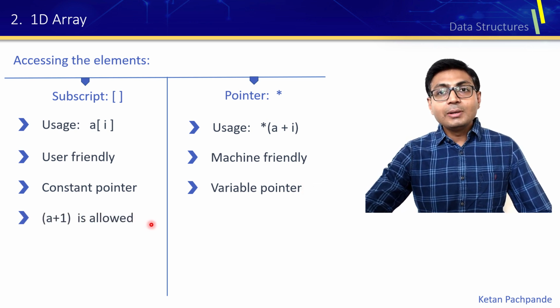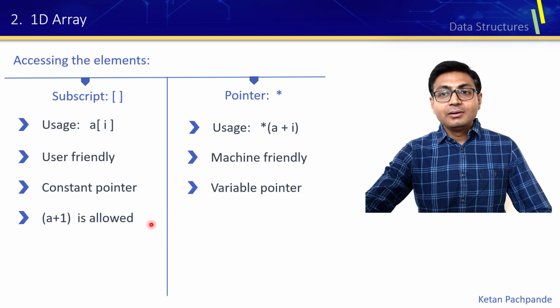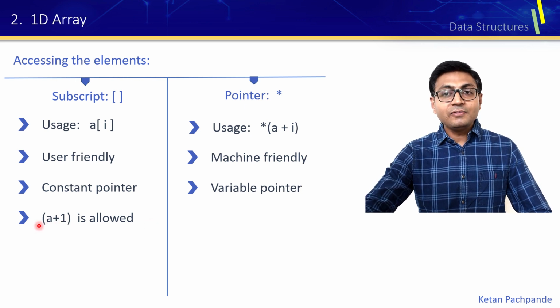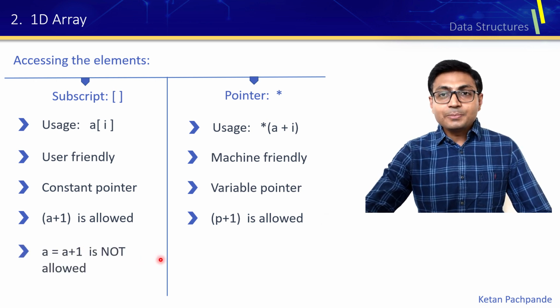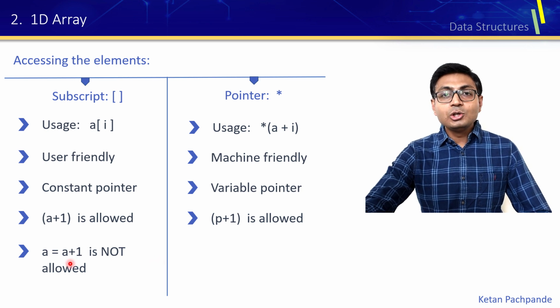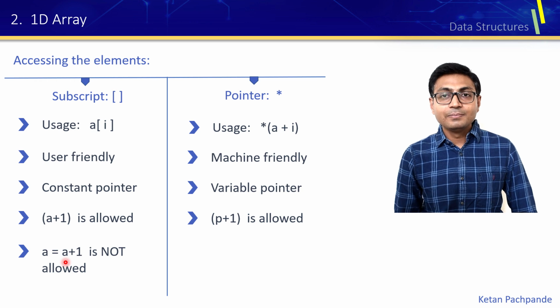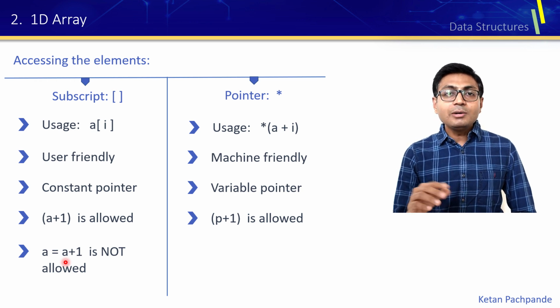Adding some number to the pointer is allowed. Let's say A plus 1, A plus 2, you can do that if A is the name of the array. And here P plus 1 is also allowed. One of the differences between the array name and a pointer variable is that you cannot change the value of the constant pointer. As I showed in my previous diagram, you cannot modify the value of the constant pointer.